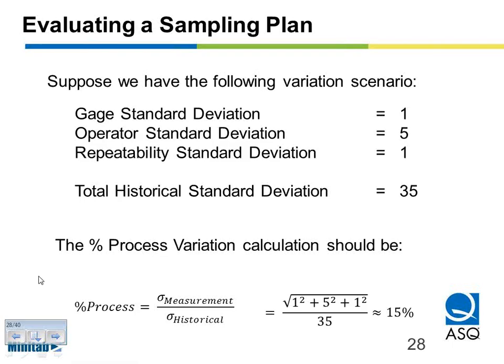It should be sigma squared for the gauge, sigma squared for the operator, and sigma squared for the repeatability of the instrument itself. Those get summed, and we'll take the square root of that for sigma measurement. And of course, we've already set the historical standard deviation at 35. So that's our measurement. We should get percent process equal to 15% for this study.